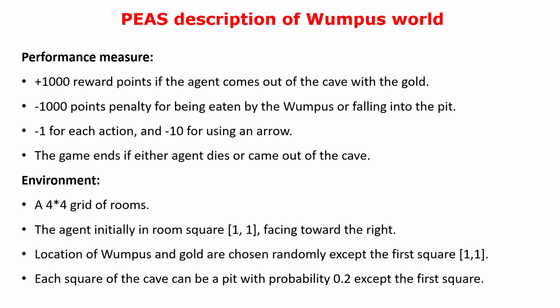Grabbing picks up the gold in the same square, and releasing drops the gold in the same square. The Wumpus and gold are randomly generated at the start of the game.